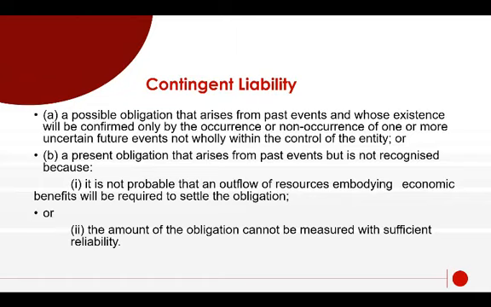Because of this, it is not recognized, because it is not probable that an outflow of resources embodying economic benefits will be required to settle the obligation. So there is not really a probability that we will pay, or there is no reliable amount of obligation that we need to settle.